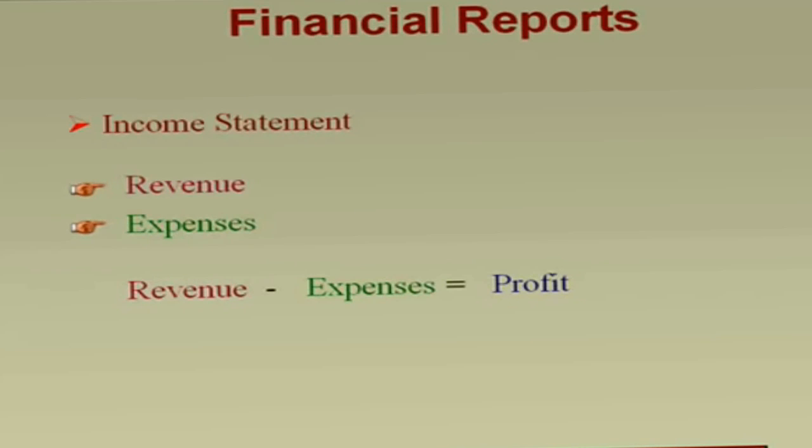The second type of financial report is called Statement of Owner's Equity. It shows the following. The capital put in by the owner. It shows the profit made by the business during the year.